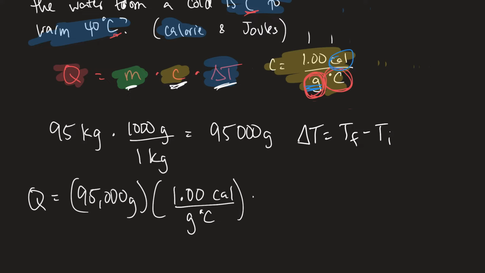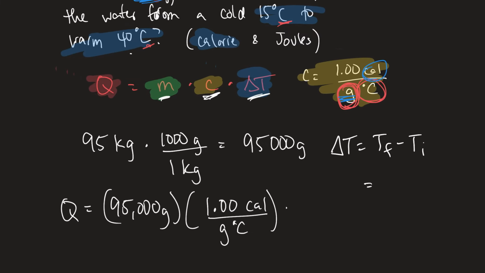Your final temperature is 40, because we're trying to get to 40 degrees, minus my initial temperature of 15. So 40 minus 15 gives you 25 degrees Celsius.